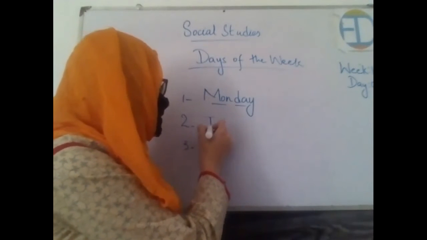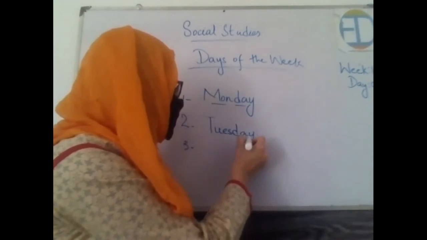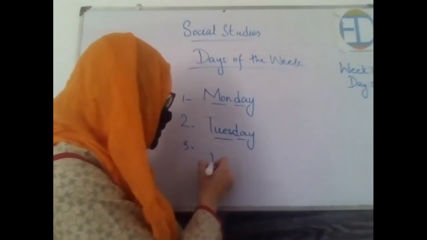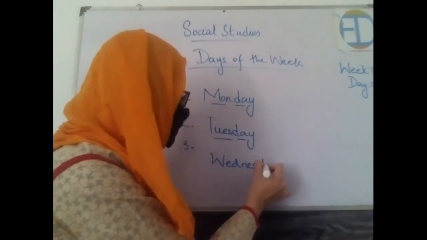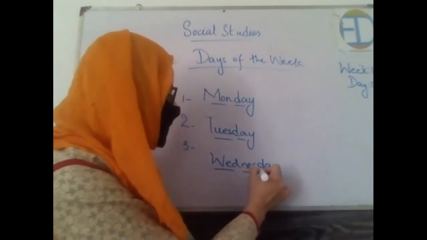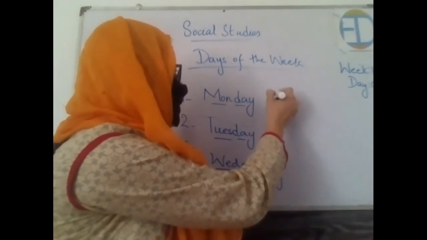Which is the next? Tuesday. Very good. T-U-E-S, Tuesday, D-A-Y day. Tuesday. Let's look at the next one. Let's break it into three parts. Wednesday. It's the third day. Let's look at the next one.